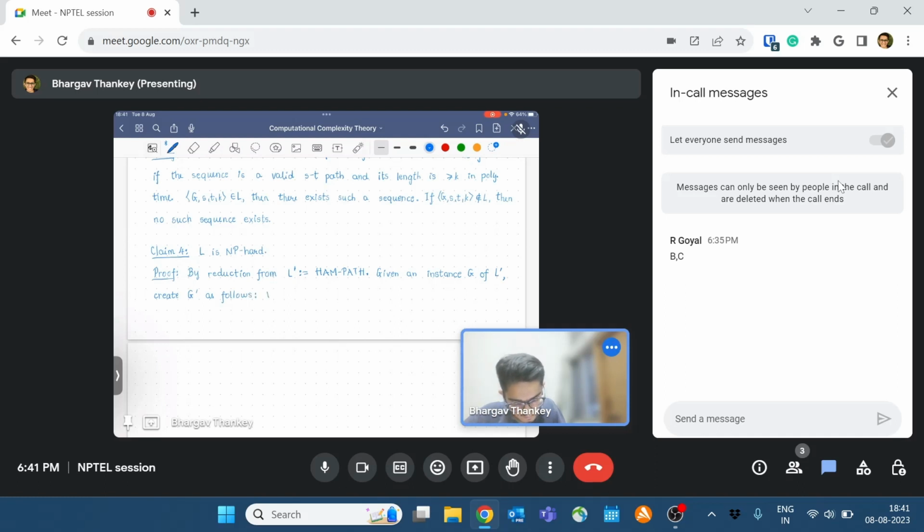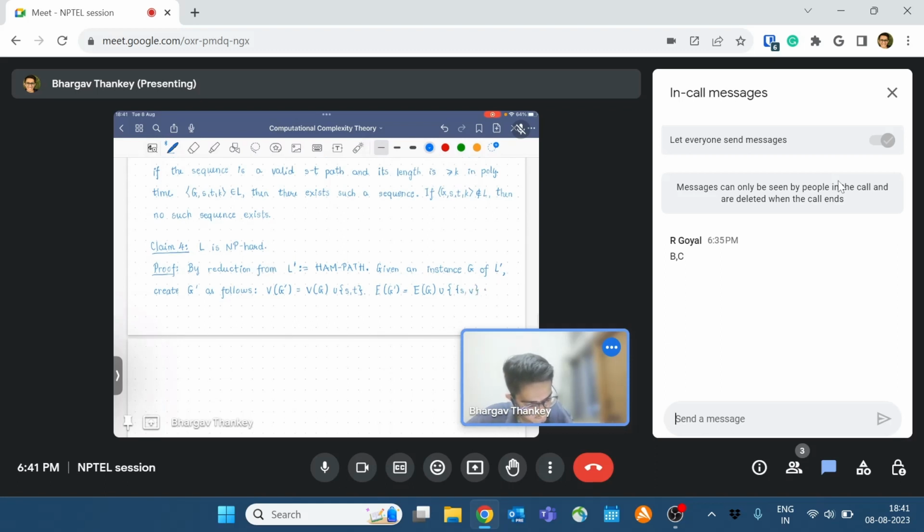The vertex set of G prime is the vertex set of G union two vertices S and T, and the edge set of G prime is the edge set of G union the edges (S, v) and (v, T) for every v in V(G).